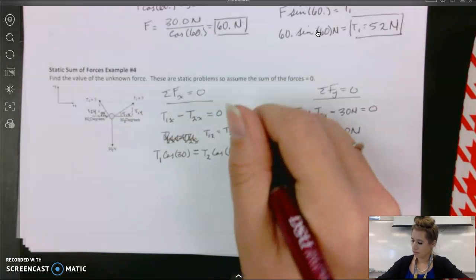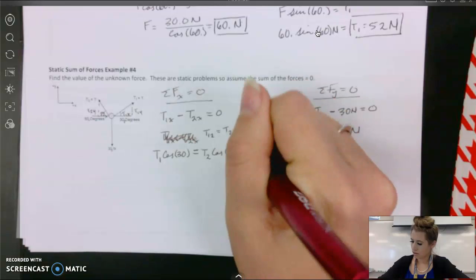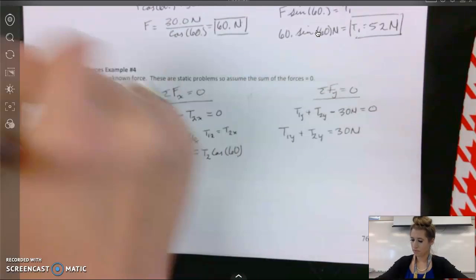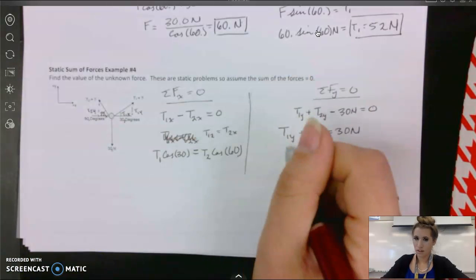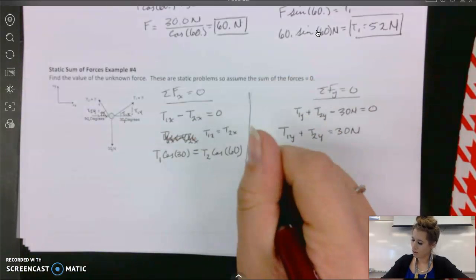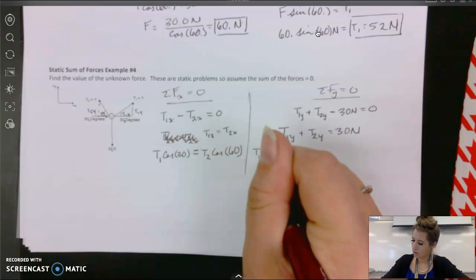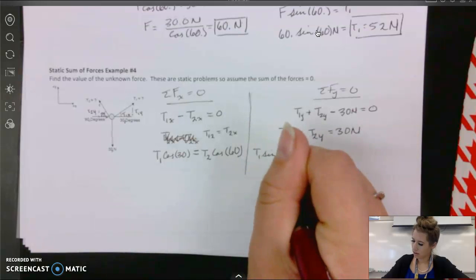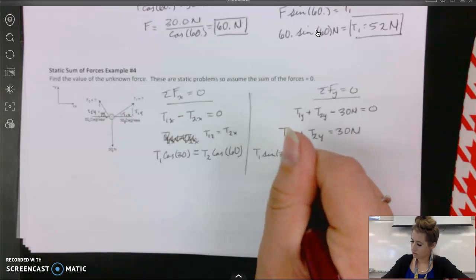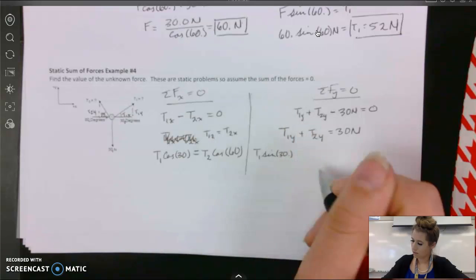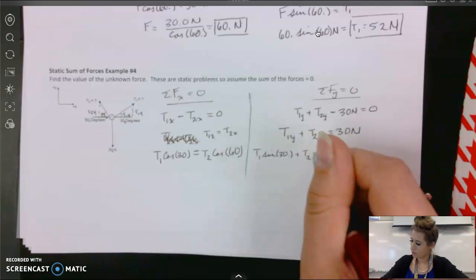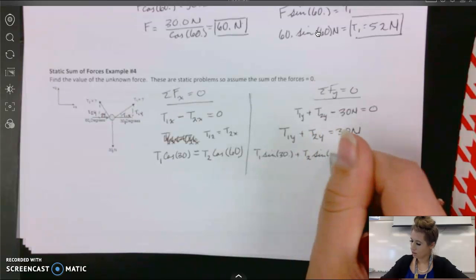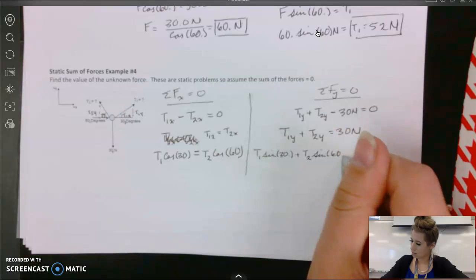T1, let me draw a line so you can, oops. Okay, T1 in the y direction, that's the same thing as T1 sine of 30 degrees. Okay, plus T2, which is T2 sine of 60 degrees.